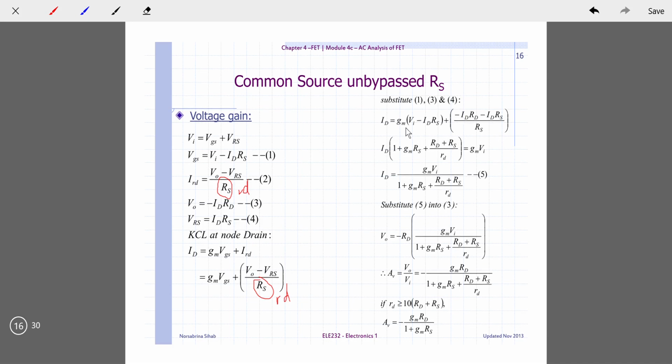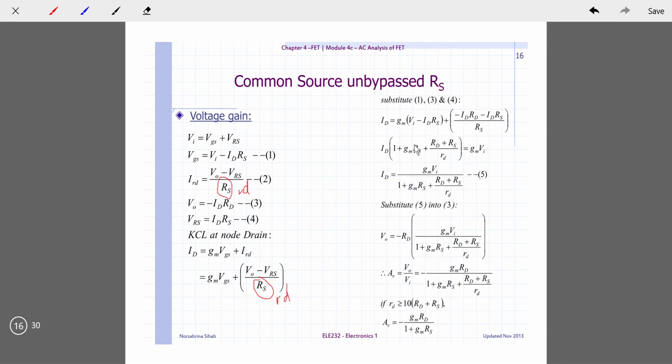So ID equals GM, VGS equals V in minus IDRS, and then plus V out minus VRS over RD. From there you can simplify the equation.